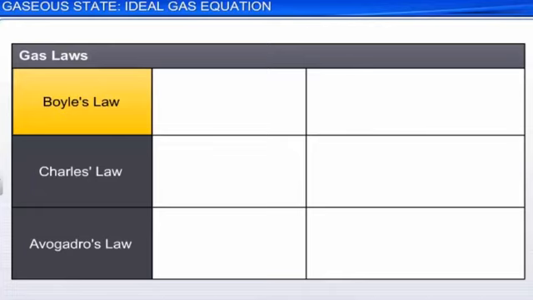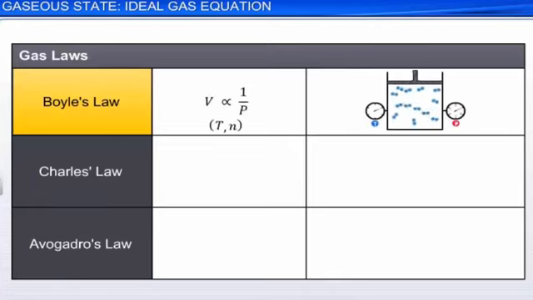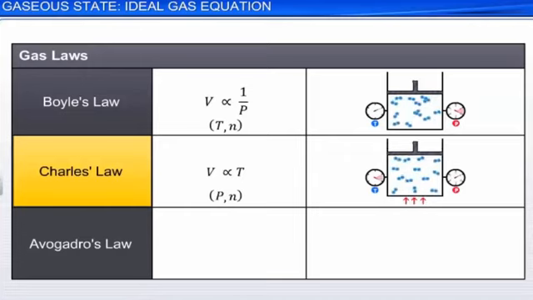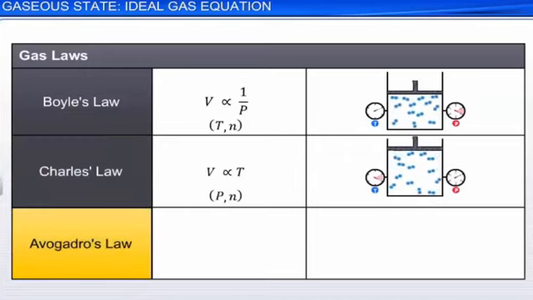It states that volume is inversely proportional to pressure at constant temperature and number of moles. Charles' law describes the relationship between temperature and volume. It states that volume is directly proportional to temperature at constant pressure and number of moles. Avogadro's law describes the relationship between volume and number of moles, at constant pressure and temperature. The volume of a gas is directly proportional to the number of moles present in the gas.